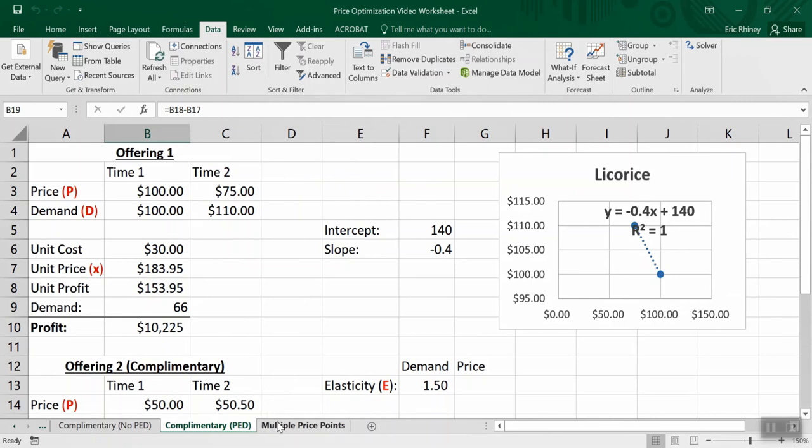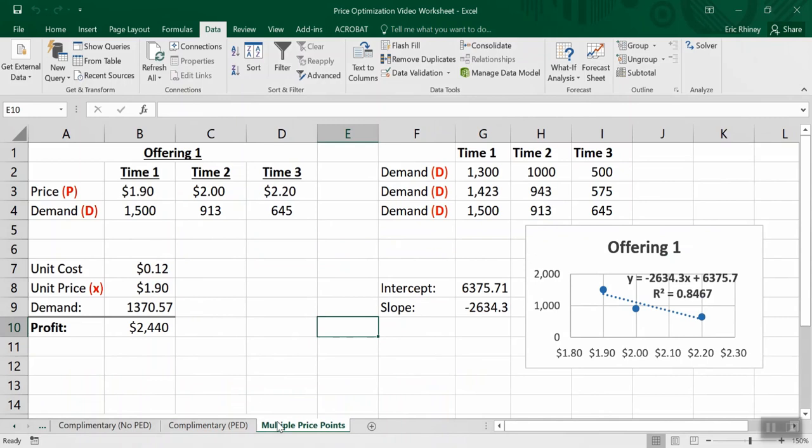So I've created a third worksheet where I'm actually looking at multiple time periods for a price and demand. All right, and let's say we have these different price points, $1.90, $2, and $2.20, and we have all of these different demands that we could possibly have for these different time periods.